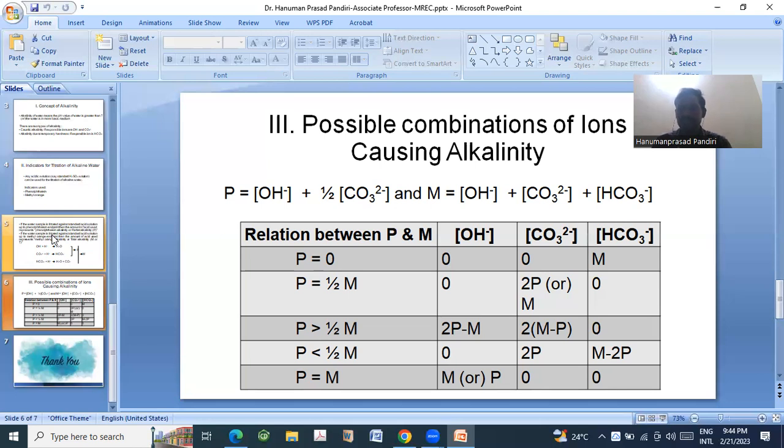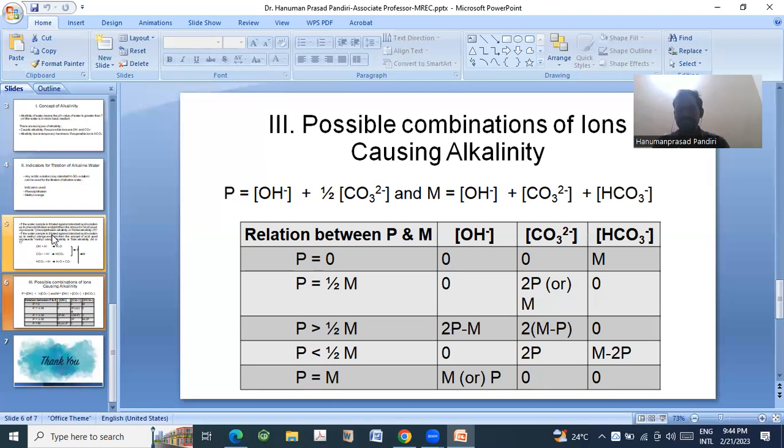That means the relation P equal to M is possible only when OH⁻ is responsible for alkalinity of water and the rest of two are not responsible.